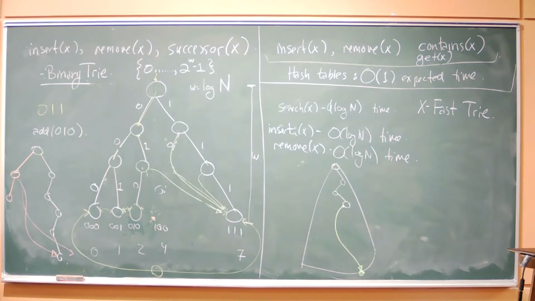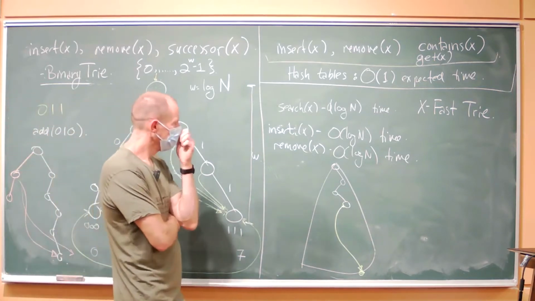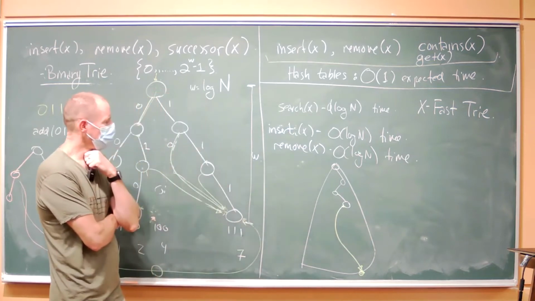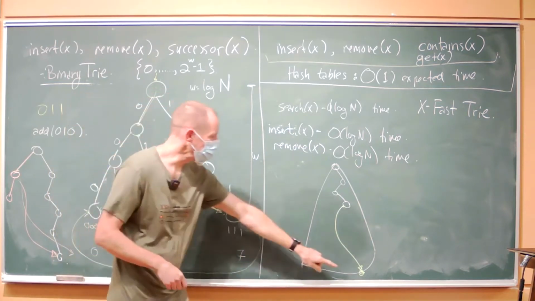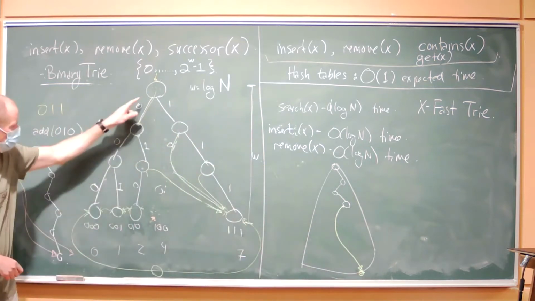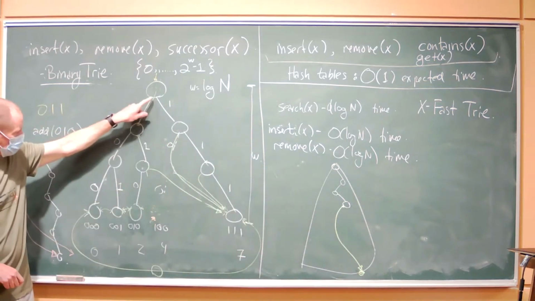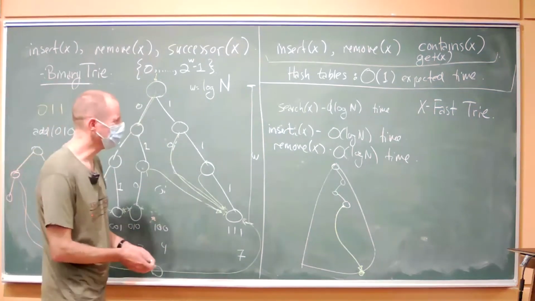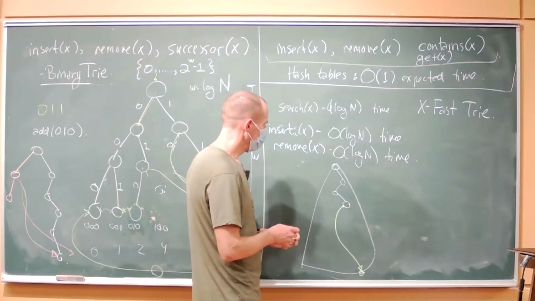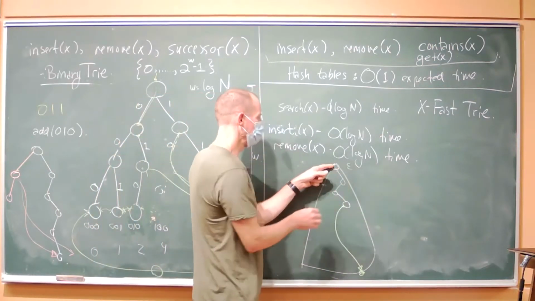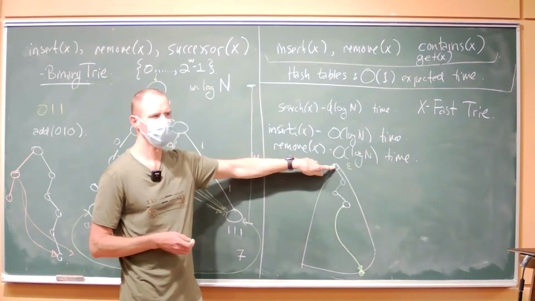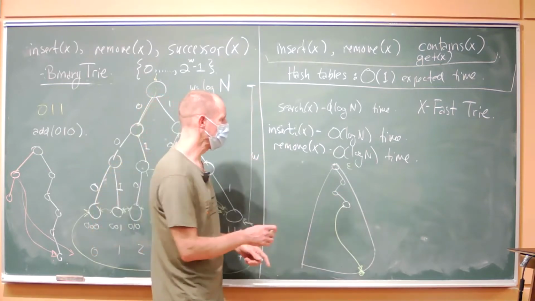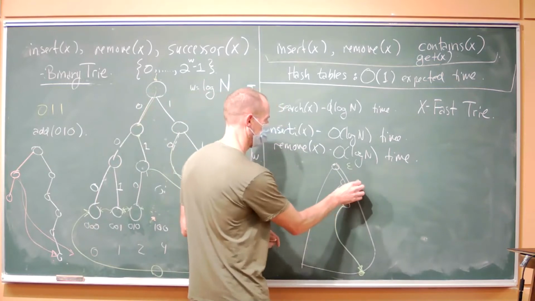All right. Let's think about this for a minute. I said that the leaves here correspond to the integer you get by stringing together the ones and the zeros. But it's not just the leaves. At the root, this is sort of the empty string. There's nothing there yet. But this is the string 1.